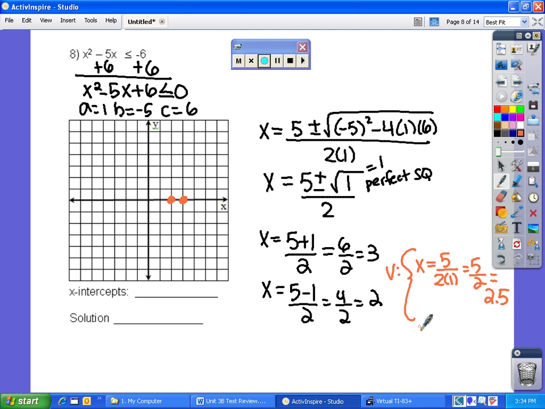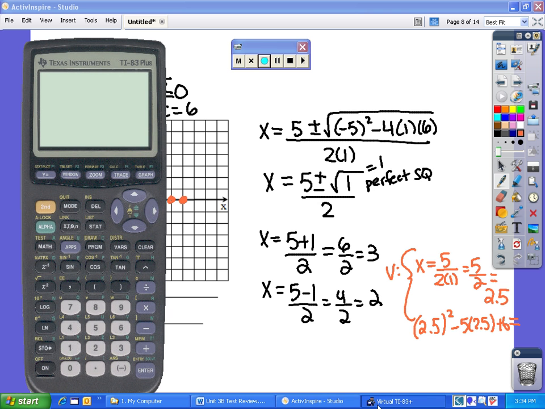Now we plug that into the original, and that gives us negative 0.25.